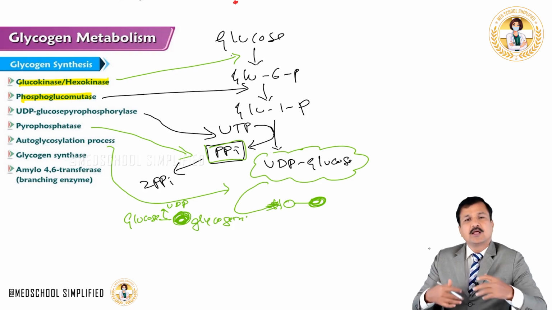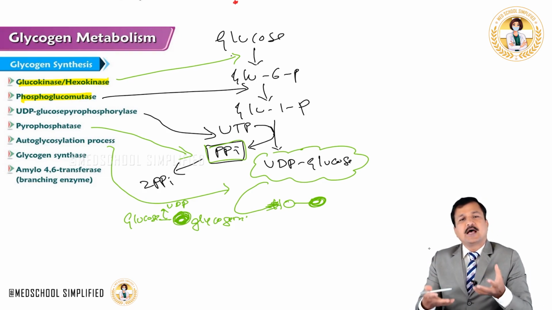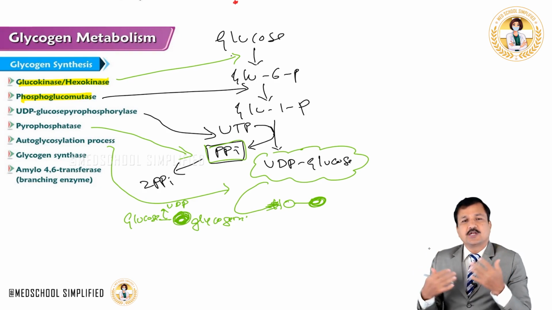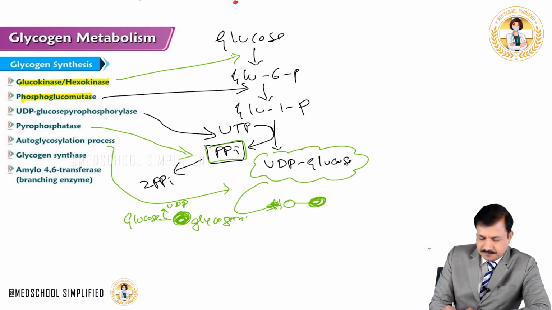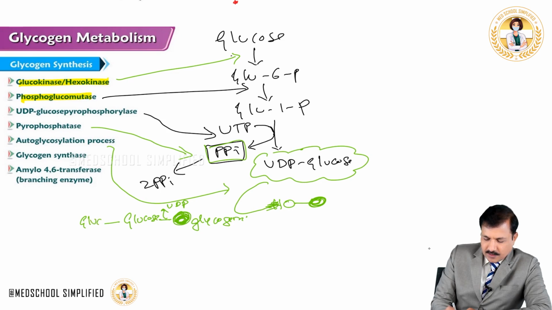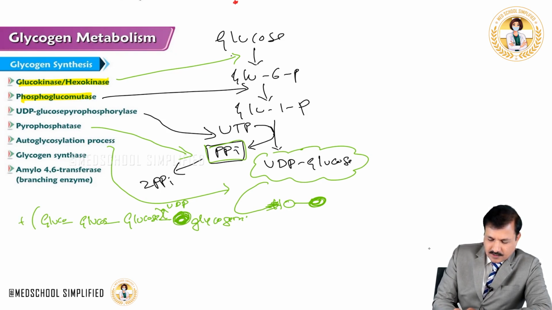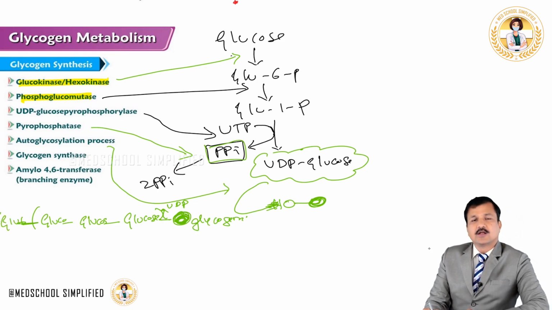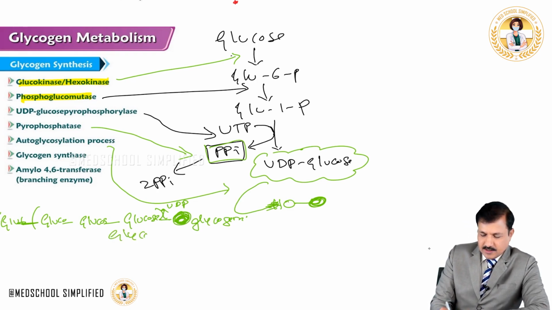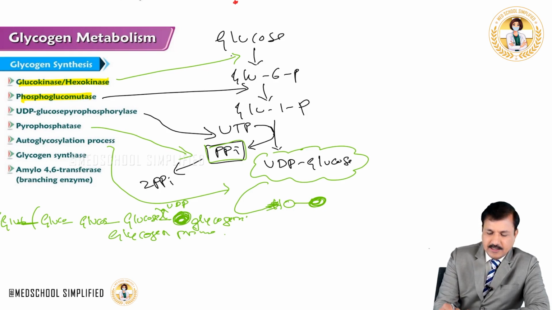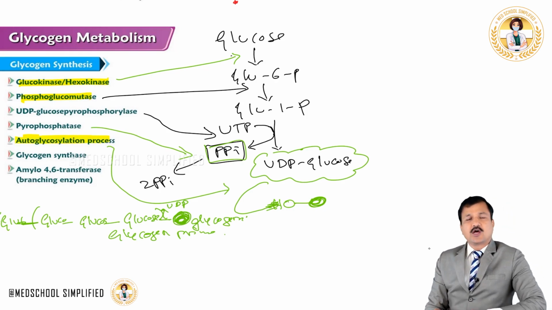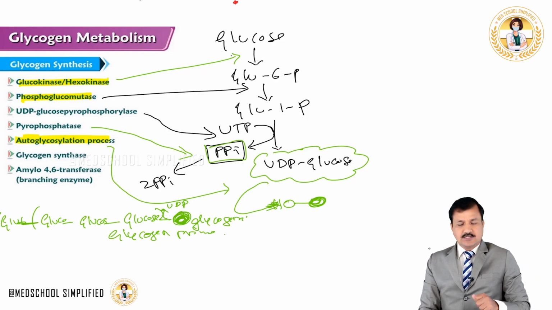Glycogenin, which is a protein, itself acts as an enzyme and adds glucose over its surface, especially on the tyrosine residue. Like this, about 8 glucose residues will be added over glycogenin to make a glycogen primer. So glycogen primer formation does not need any enzyme. It is an autoglycosylation process.